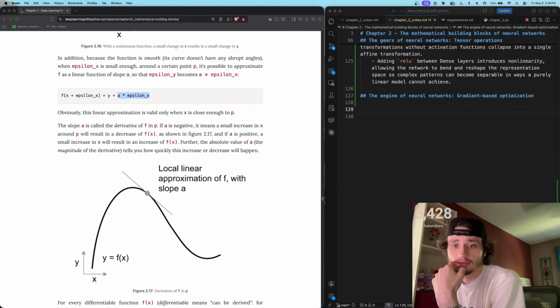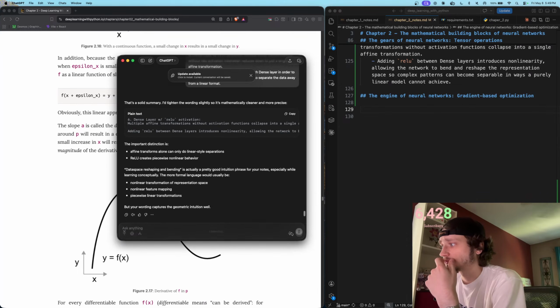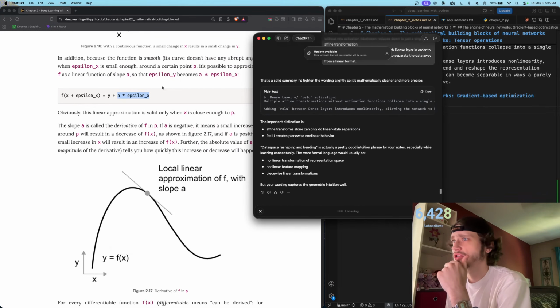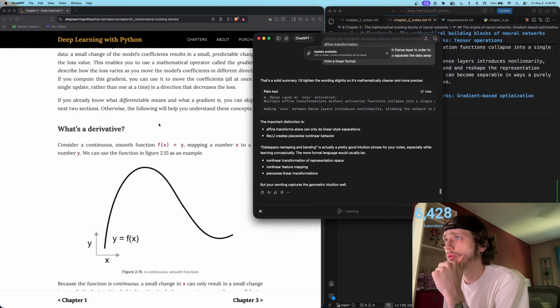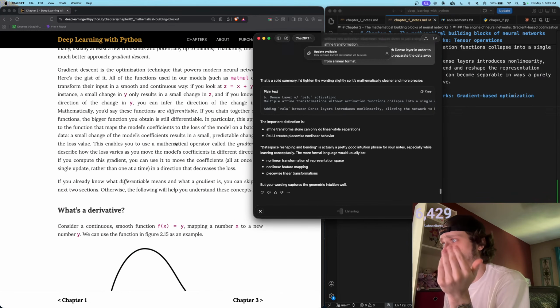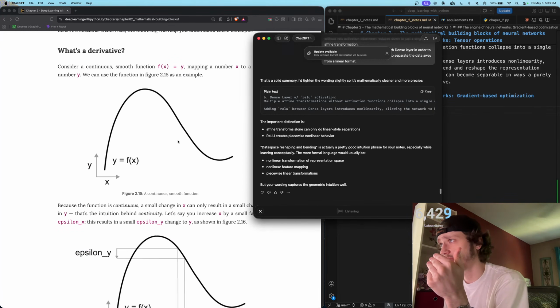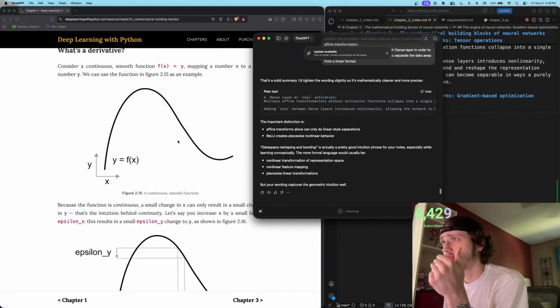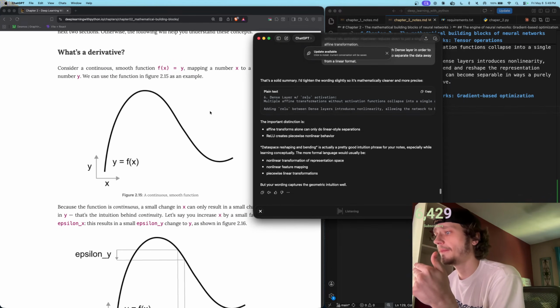Let's go ahead and recap that. So now we're moving into derivatives, right? Differentiable functions, and we're reviewing what a derivative is.